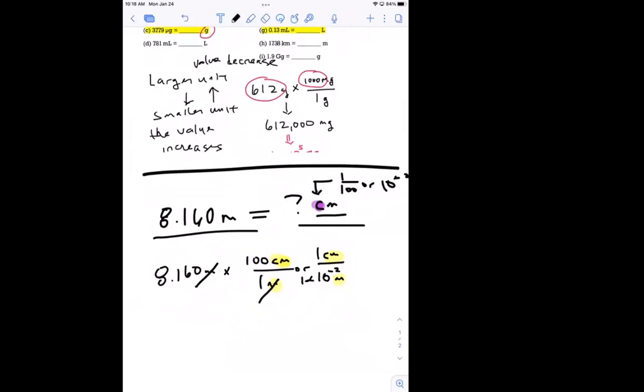Somebody give me that number. Is that right? Yes, 816 centimeters. And this is a multiplication and division operation. How many sig figs are here?